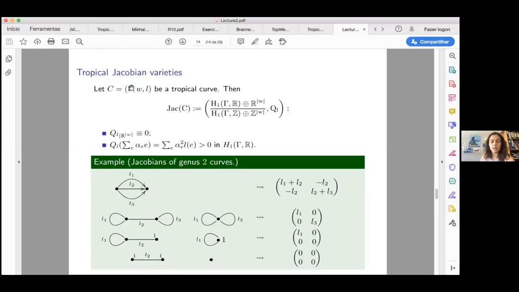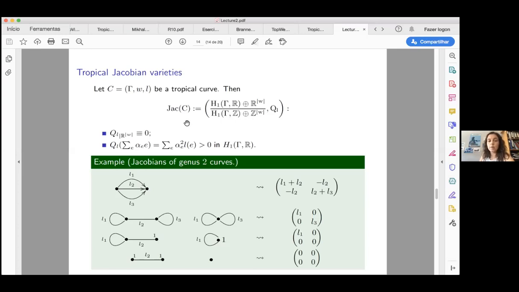So how do we define a real torus out of this data? So this was also defined by Mikhalkin and Zharkov in the case of pure tropical curves, and this is just an extension of their definition to the case where you could also have weights.